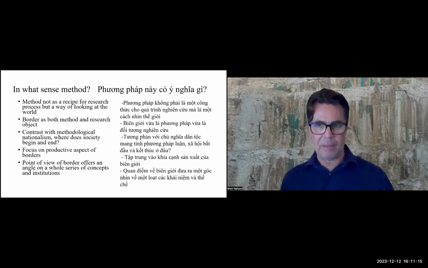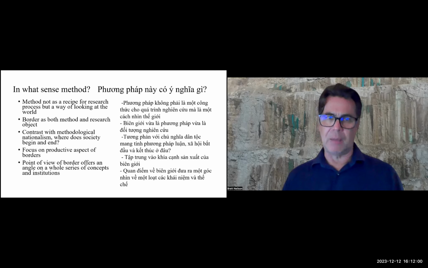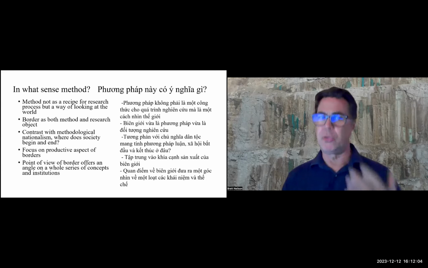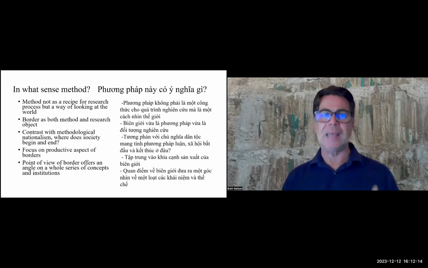This, I would say, is to approach the border as a research object, and a number of social science methods might be applied to such a pursuit. However, in the book, we approach border as both a research object, something we're interested in for its manifestations in the world, and as a perspective on this world.